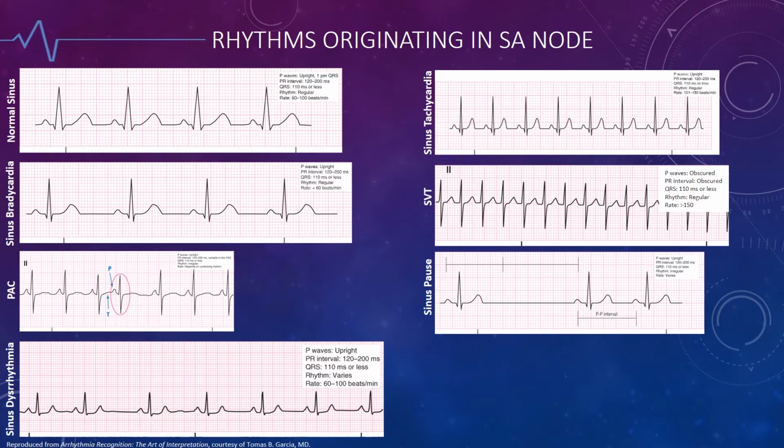The only difference is this one is more than 5 large boxes, this one is less than 3 large boxes, and this one is somewhere in between them. Clear? Okay. Sinus pause means you were going along and you had nice normal P waves occurring at some regular interval, and then the P waves just stopped. They're just gone. That's a sinus pause.